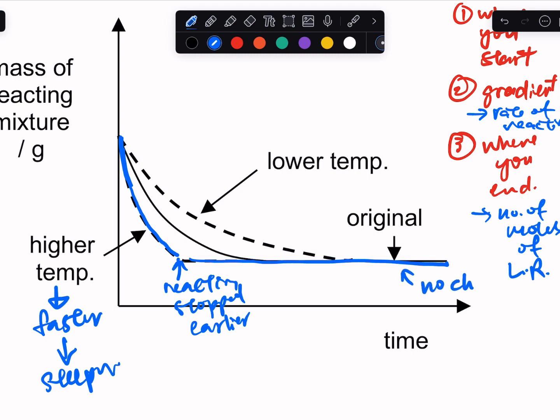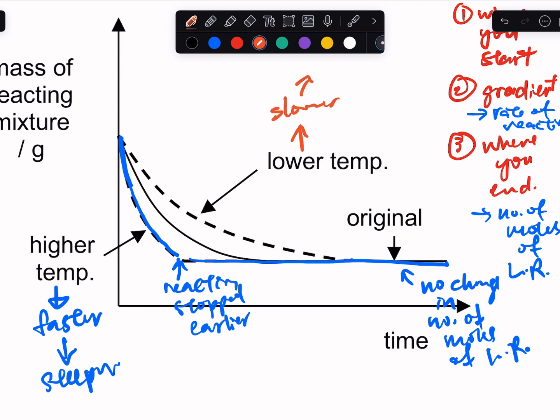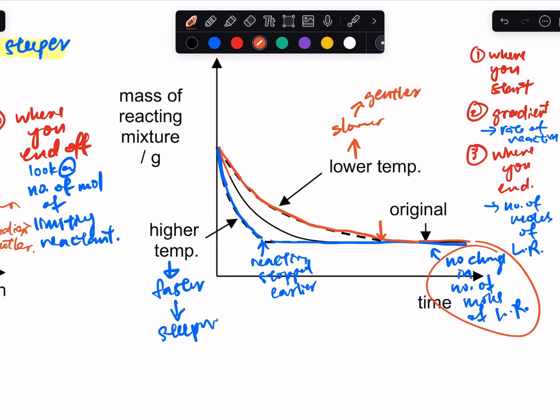No change in number of moles of limiting reactant. Now, when you are at a lower temperature, it means this is slower, means the graph is gentler. So as compared to the original, this is a gentler gradient right from the start. The reaction will stop later, but again, no change in number of moles of limiting reactant.